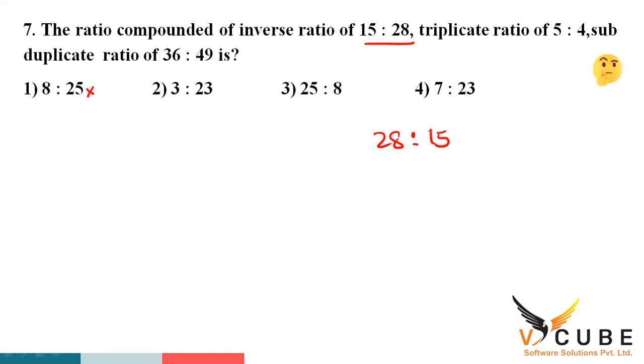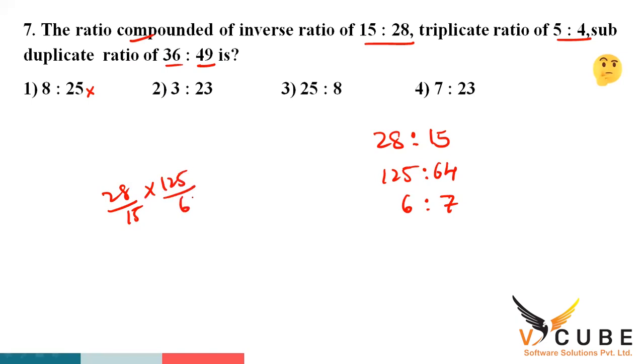Just remember reverse. Next, triplicate ratio of 5:4, that is 125:64. Next, duplicate ratio of 36:49, that is 6:7. Compounded, so 28/15 into 125 by 64 into 6 by 7. Option 3. Yes, very good.